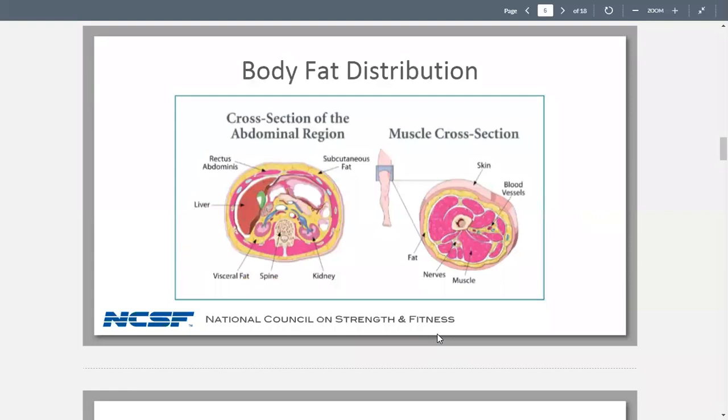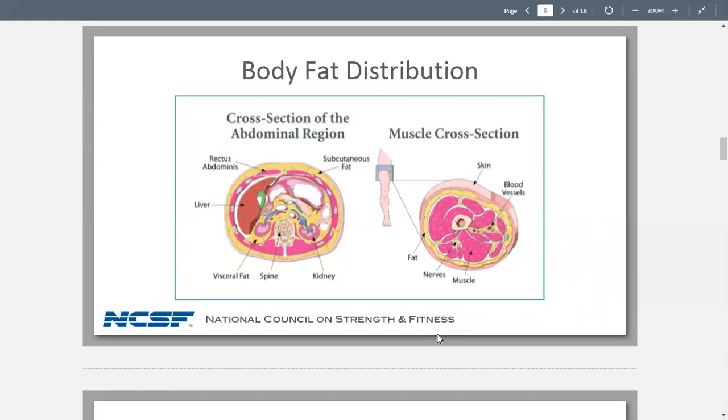Body fat distribution. Looking at a cross section of the abdominal region, you have your rectus abdominis at the anterior portion, and right in front of your rectus abdominis is a layer of subcutaneous fat. The liver is behind the rectus abdominis on the lateral side of the right side of the body.